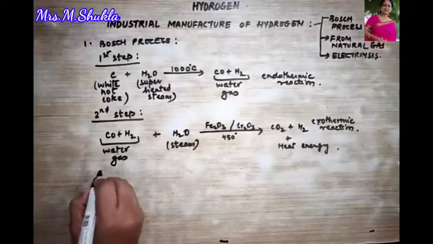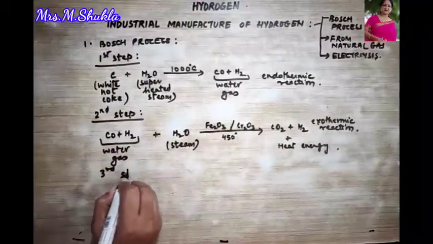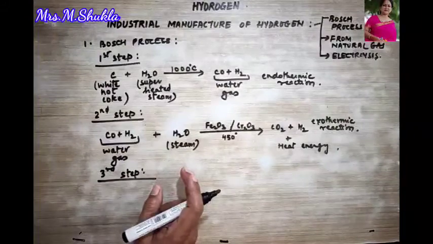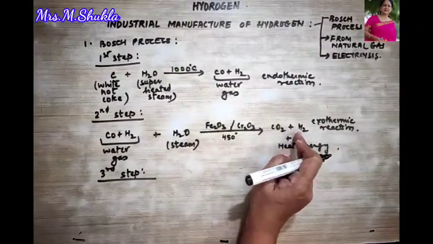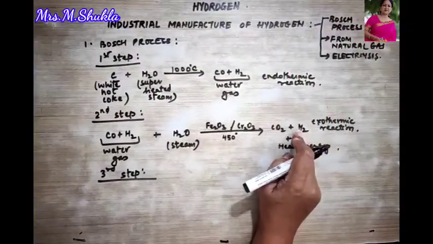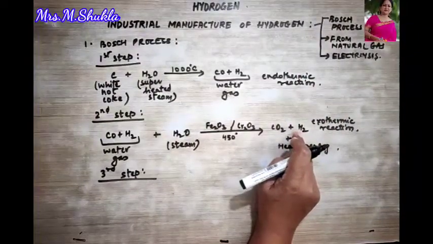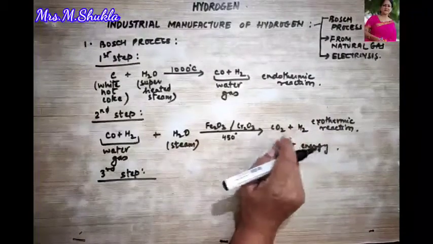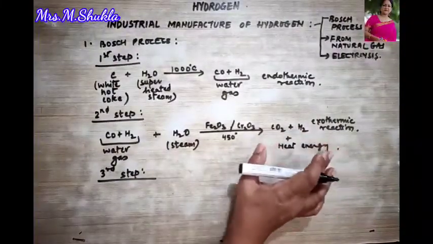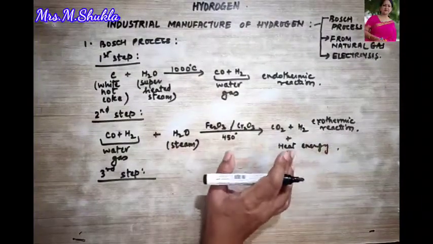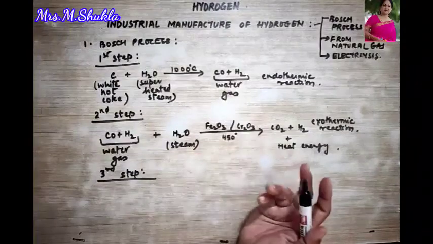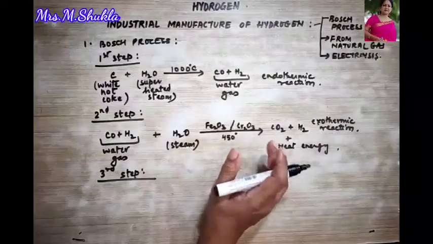Then we come to the third step. Now, what is the third step? The third step is about separation of carbon dioxide and hydrogen. If we separate carbon dioxide, then we can obtain hydrogen very clearly. So this mixture of carbon dioxide and hydrogen is passed through cold water under pressure of say 30 atmosphere, or maybe it can be passed through caustic potash solution.